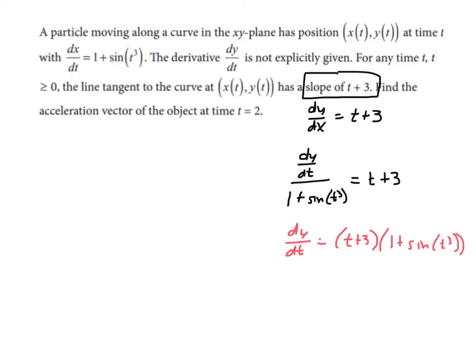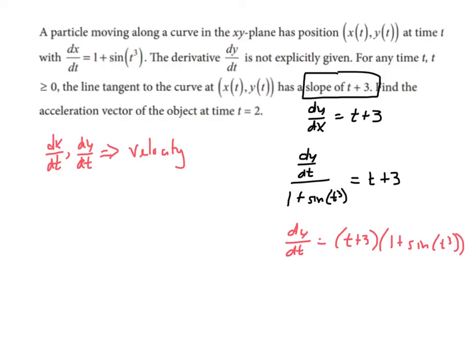So now I have, because I've got the derivative, right? Position was x and y. Make sure you see that. Position was x and y. Now I've got dx dt and dy dt, which is velocity.